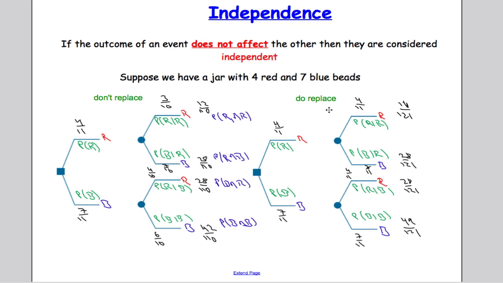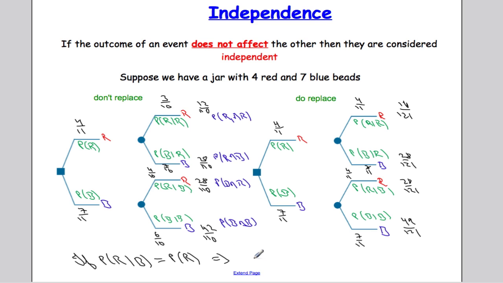But what do we notice? We notice that when we do replace the bead, the probability that we chose red is the same as the probability that I chose red given I chose a red. So let's actually look at this branch here. The probability that I chose a red given I chose a blue is the same as the probability that I simply chose a red.